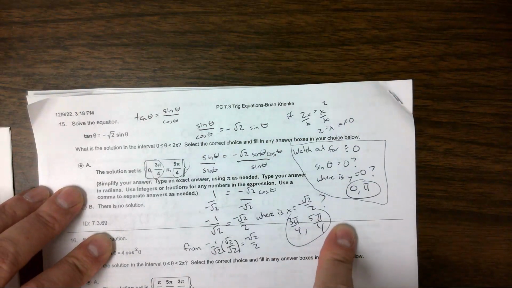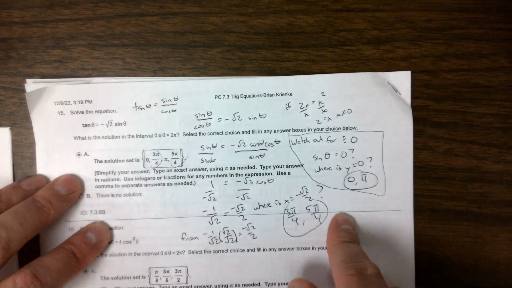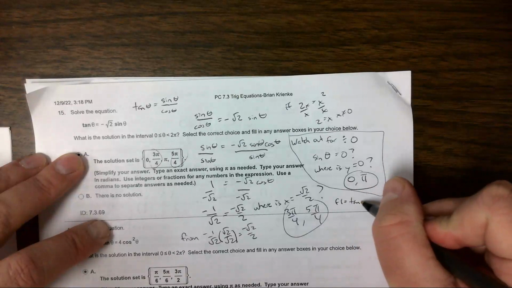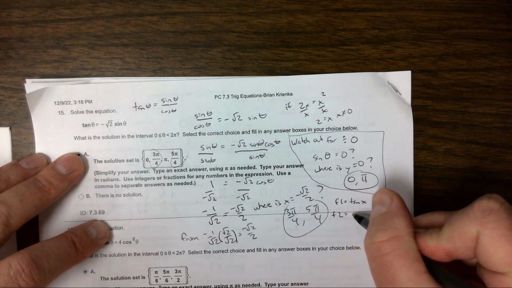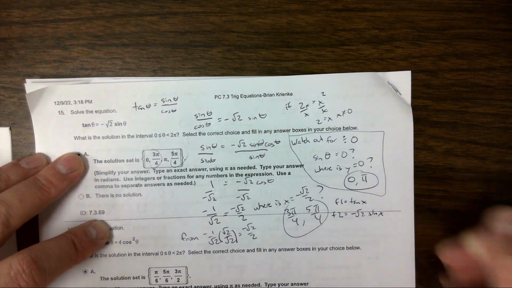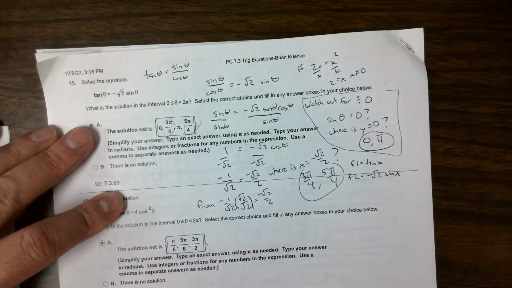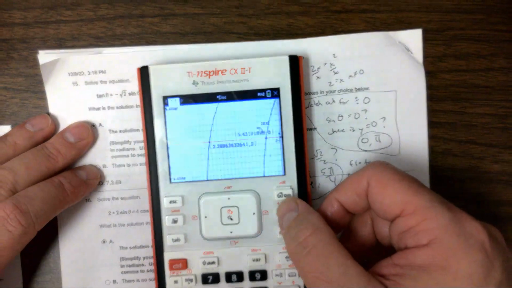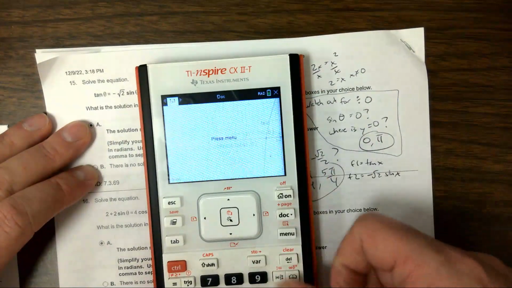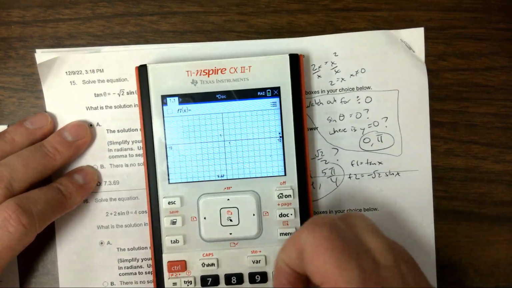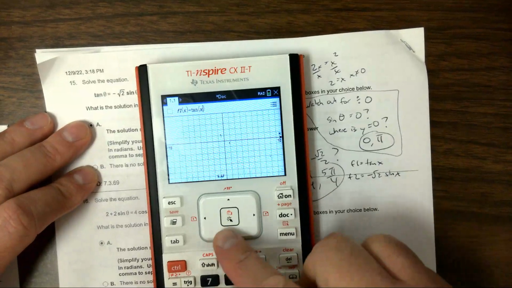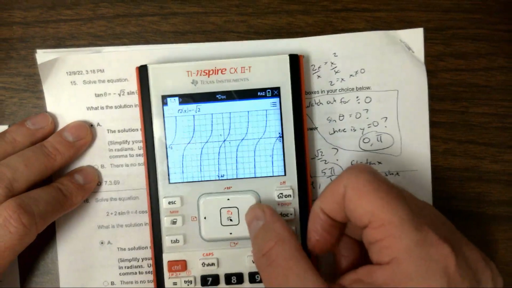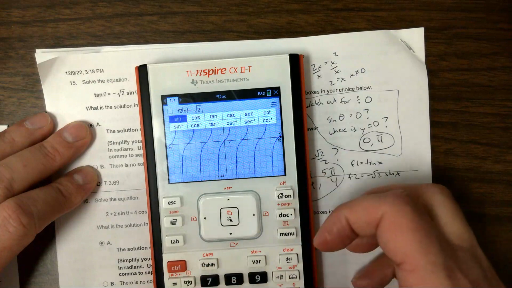Now, this would probably be a good one to double check through the graph. How many answers am I supposed to get? Function 1 is tan x. Function 2 is negative square root of 2 sine x. So if I go to the document, tan x, and for f2 I get negative square root of 2, go to the right, and then sine x.